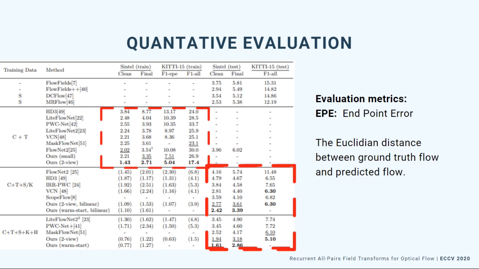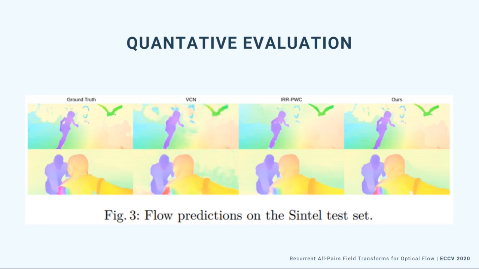There are values of Sintel and KITTI dataset, where RAFT has a strong generalization ability and it outperforms other methods. And coming to the second red box, it contains Sintel test and KITTI dataset and other datasets also, in which RAFT also outperforms state-of-the-art architectures.